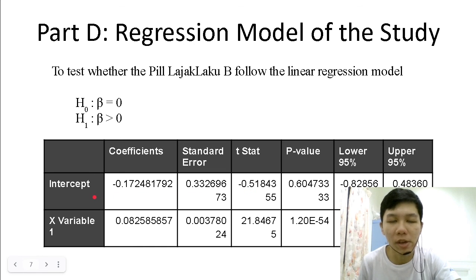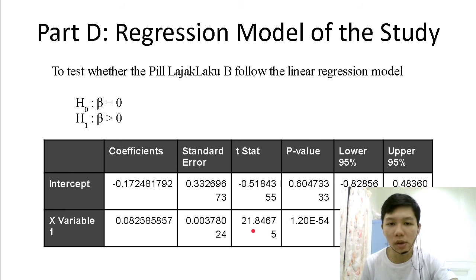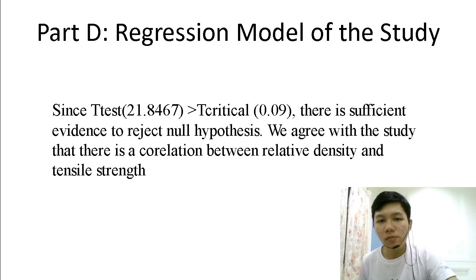The intercept is alpha, and the x variable 1 is beta. So we want to focus more on beta since we want to determine whether there is a correlation between both these values. So it's 21.84, and this will be the upper and lower limits for 95%.